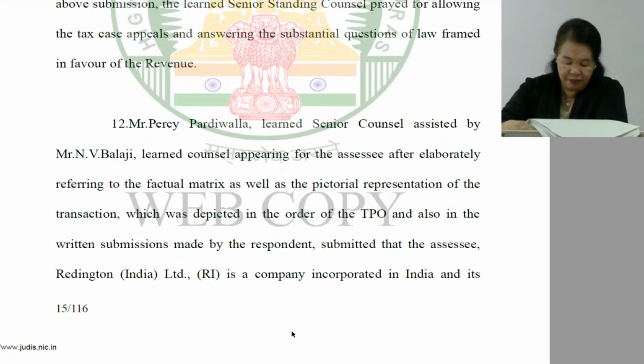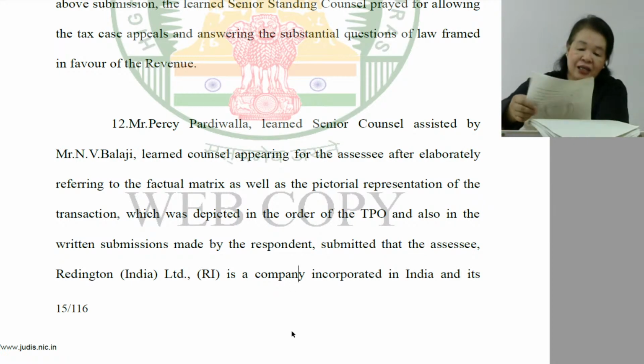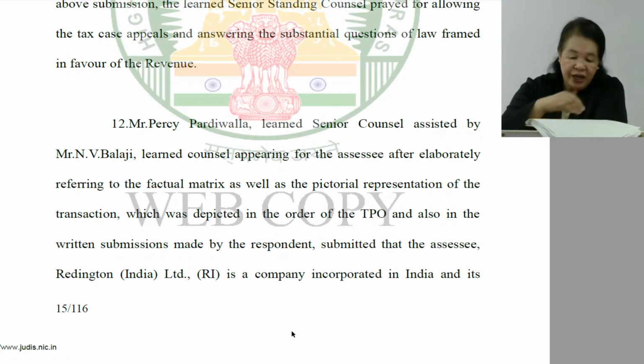After elaborating the factual matrix as well as the pictorial representation of the transaction, which was depicted in the order of the TPO and also in the written submission made by the respondent, submitted that the assessee Redington India Limited, or RI, is a company incorporated in India and its shares are listed in the Bombay Stock Exchange and the National Stock Exchange.